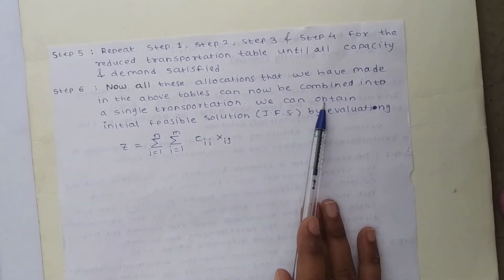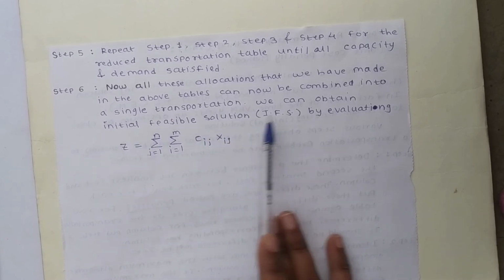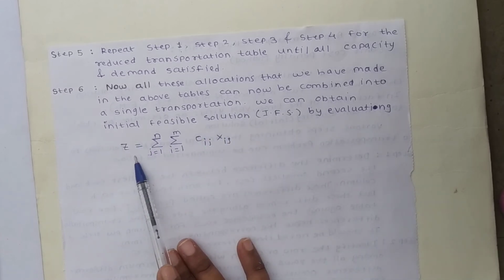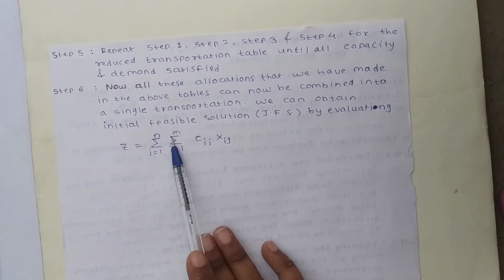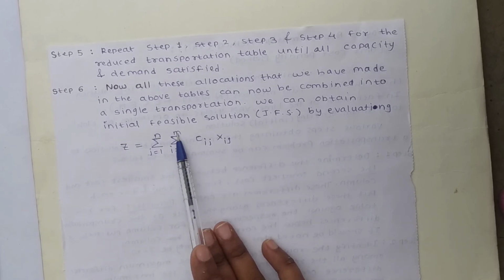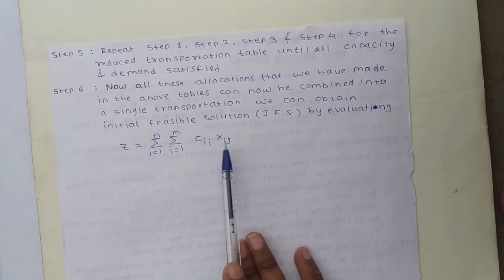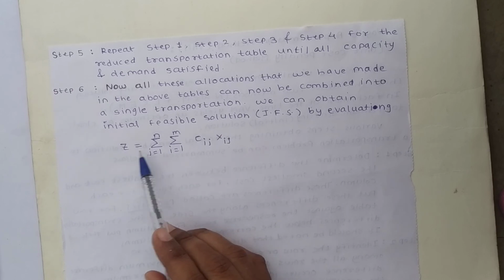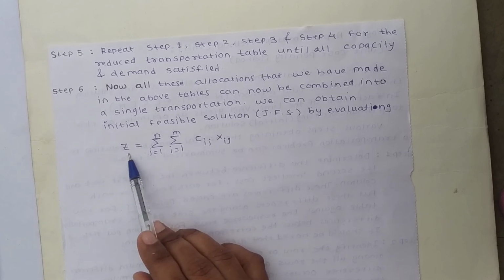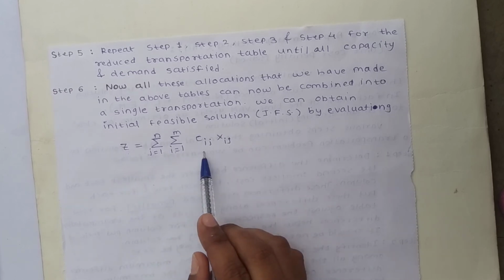We can obtain the initial feasible solution by evaluating Z equals summation j equals 1 to n and summation i equals 1 to m of Cij Xij. So here we find the initial feasible solution by combining the allocations.